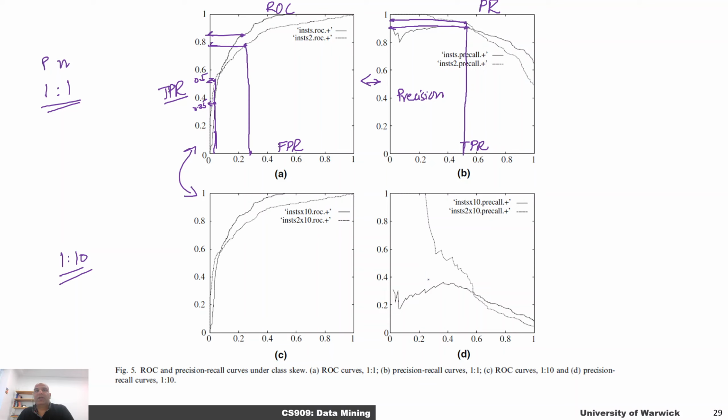So this is the PR curve, and you can see that this curve is significantly different for a different class ratio in comparison to what we had when the class ratio was balanced. And this is more informative in this case for this particular comparison in contrast to the ROC curve.